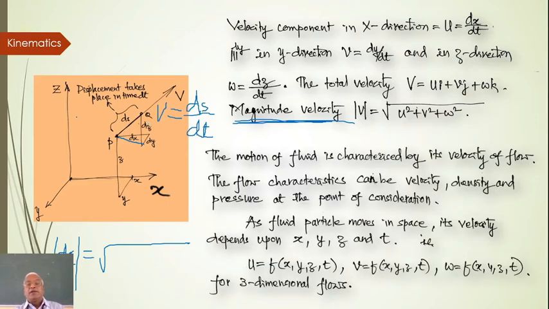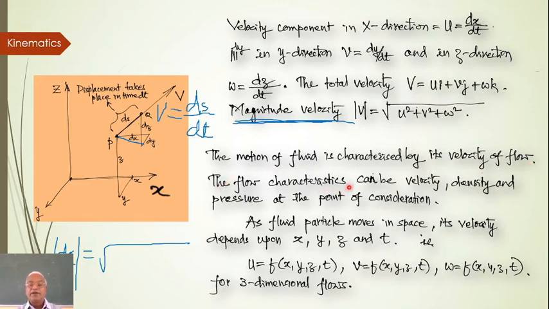Okay. The motion of a fluid is characterized by its velocity. Velocity is the major indication of fluid flow. Of course, other properties are also there, like pressure and density, right?